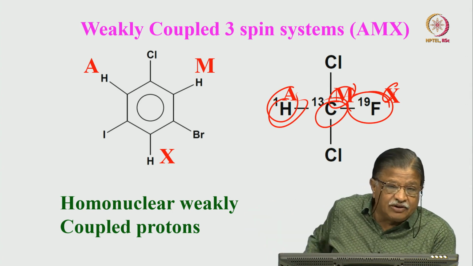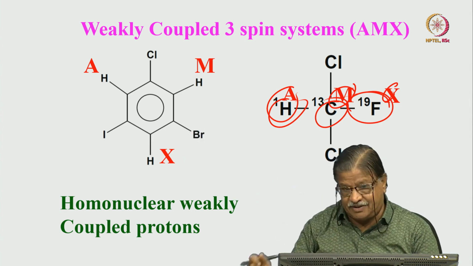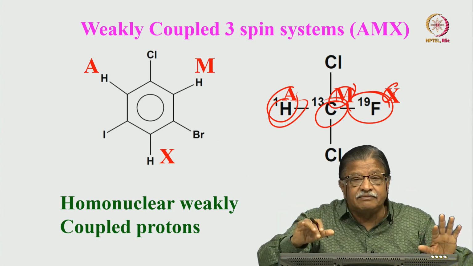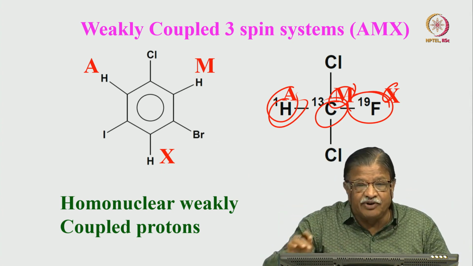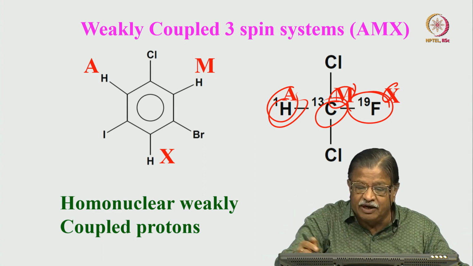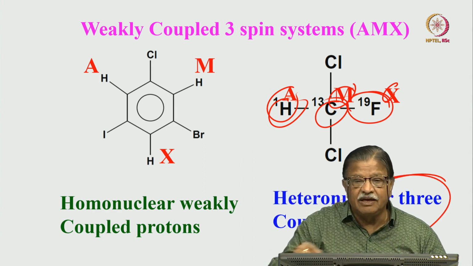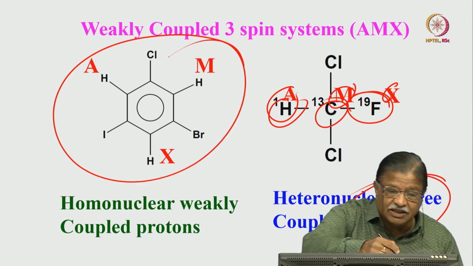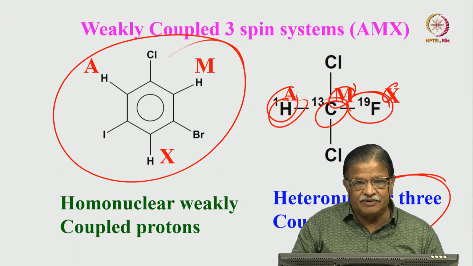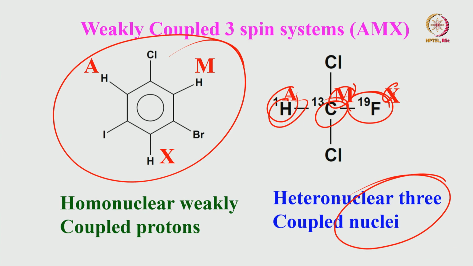Of course, all the 3 heteronuclei, I already told you the resonating frequencies are separated by several megahertz. As a consequence, heteronuclei are always weakly coupled. When I say proton, carbon and fluorine coupled among themselves, invariably you do not have to worry about it, you can call it AMX spin system, weakly coupled. So, it is a heteronuclear 3 spin weakly coupled, it is a homonuclear 3 spin weakly coupled, but the main condition for either of them is chemical shift separation should be very much larger than the J coupling.